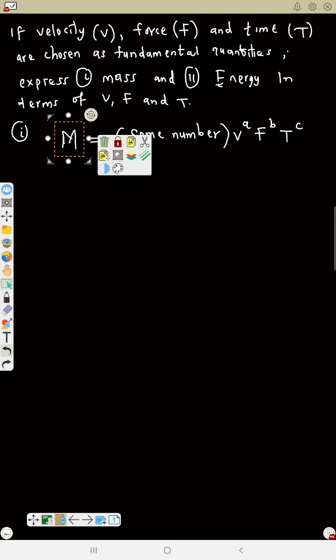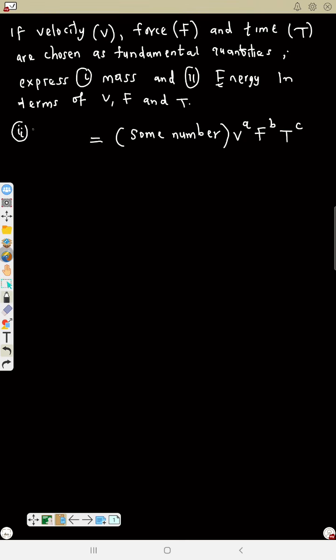So I'll change the m to E, still the same way. So the m will turn to energy the same way. But energy is work done. So energy is a kind of work.